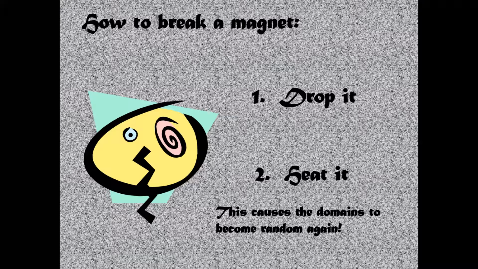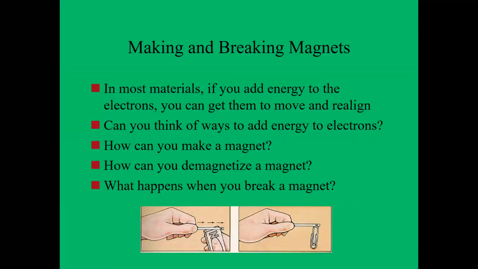So if you want to break the magnet, you first drop it and then heat it. By heating, the spin of the electrons would be altered. So this is how we can unmagnetize any material.